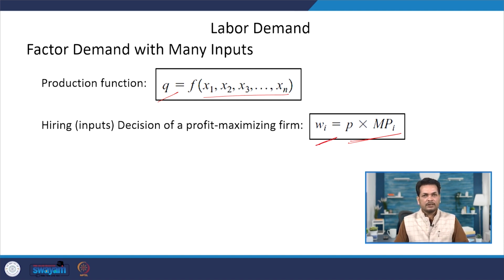So, each of these xi's will be employed up to the optimal point where the value of the marginal product of these factor inputs equals their cost.